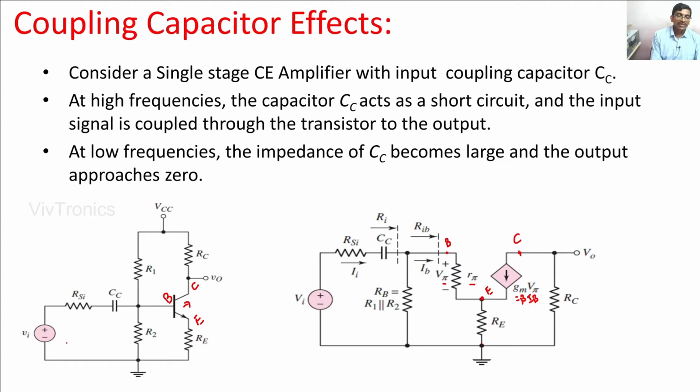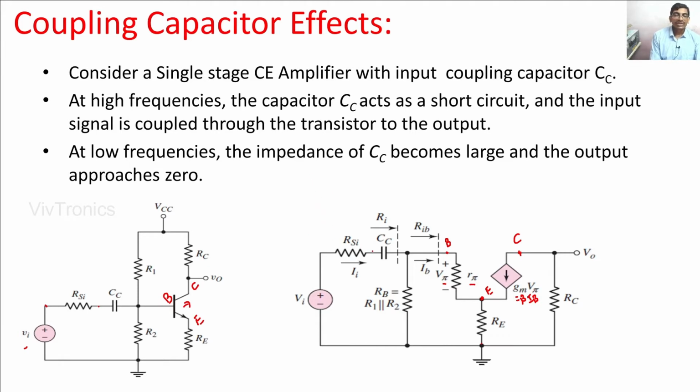At the input side of the circuit we have the Vi source between the ground terminal and the base terminal, and RSi is connected between the Vi source and the CC coupling capacitor.